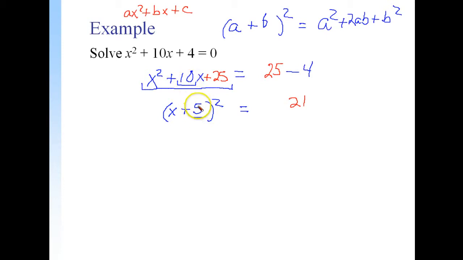And then we squared 5 and got 25. This process of squaring 5 after we took half of it, this is called completing the square. What's it called? Completing the square. And this was the process.